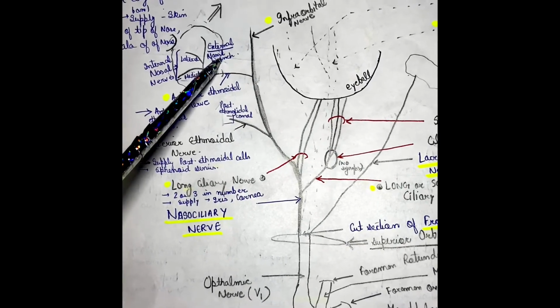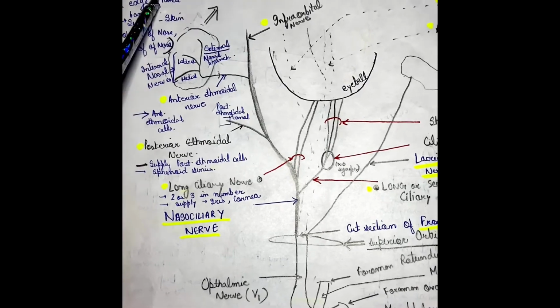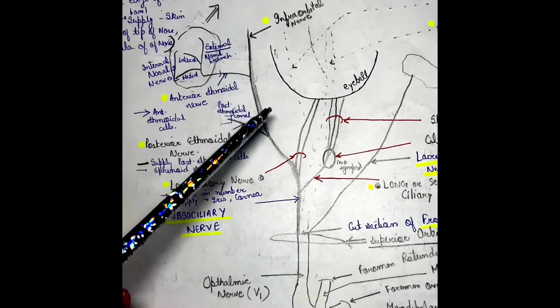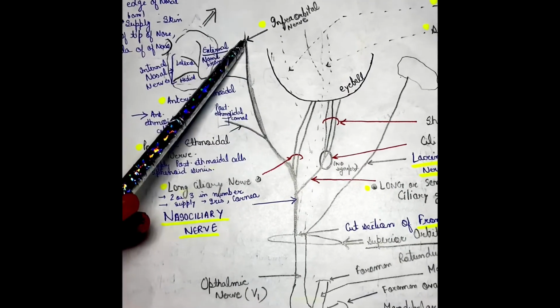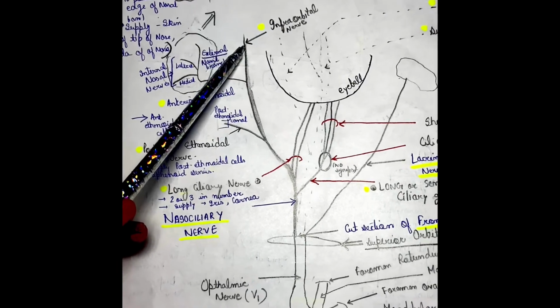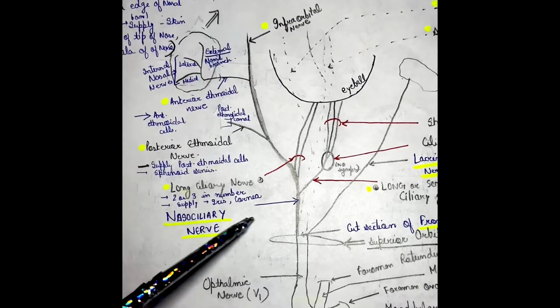Whereas the external nasal branch supplies the tip of the nose, ala of the nose, skin and the mucous membrane in this region, right? Moving forward, finally it ends by giving the infratrochlear nerve on the medial most side. So this is all about the nasociliary nerve.